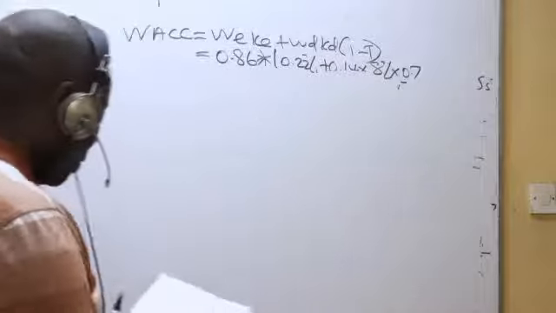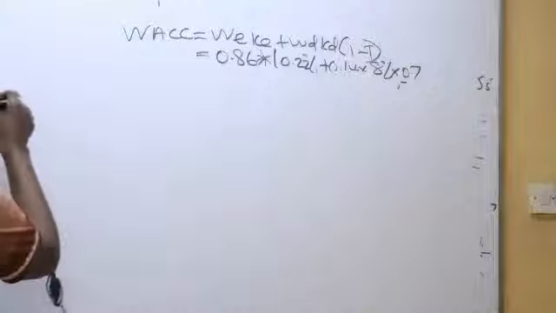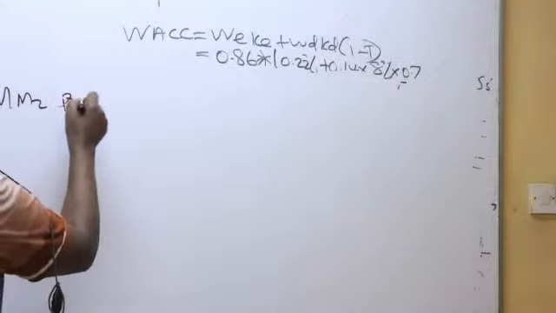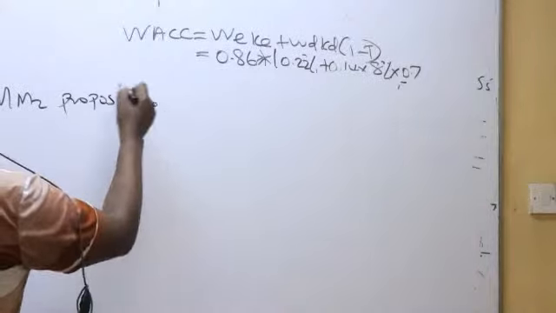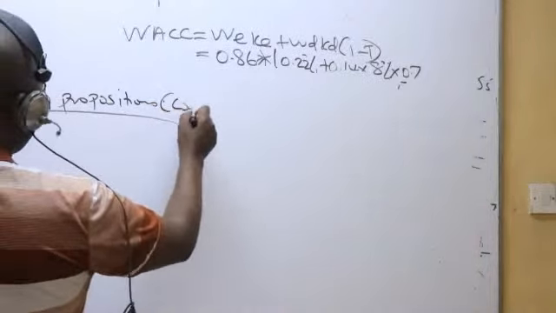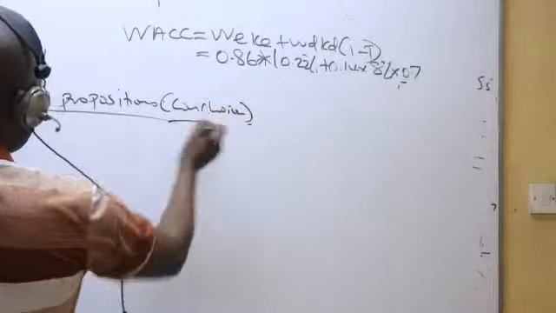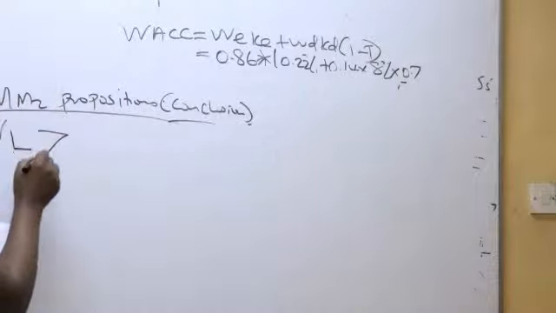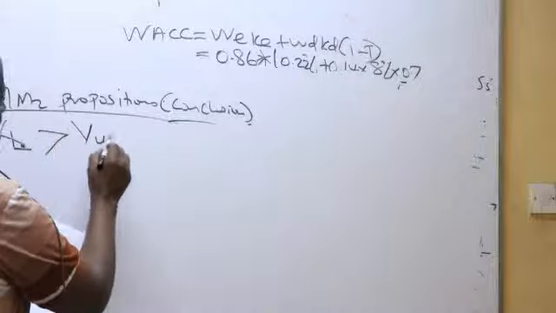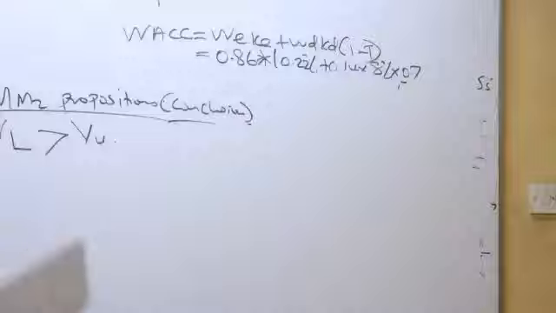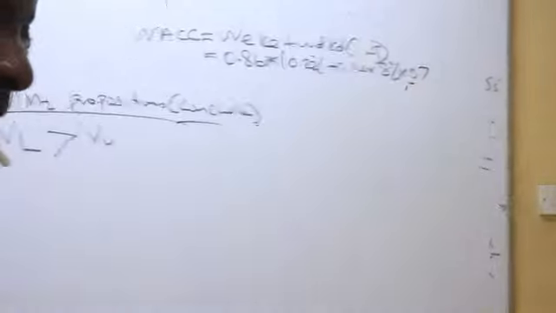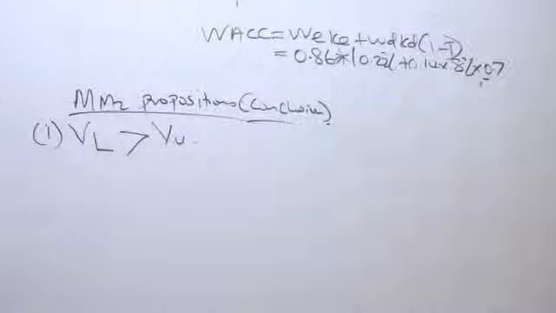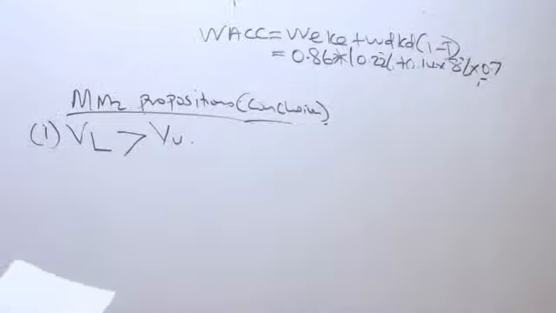Now there are things that I would want you to go to your exam knowing. This proposition of MM2, very important. The conclusions here, with tax, were, number one, that value of a levered firm will always be more than value of an unlevered firm.